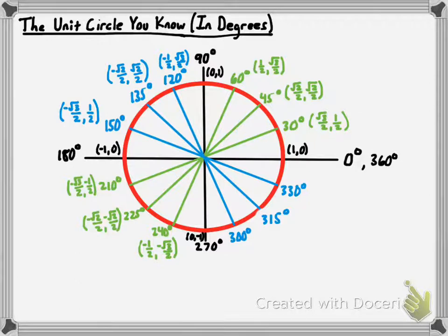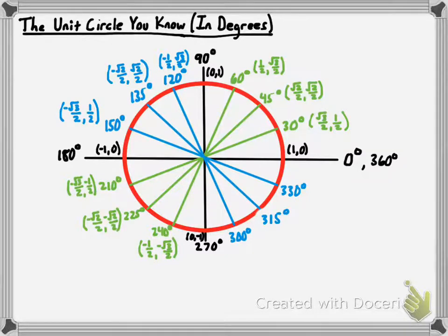Now here, for 270 degrees, the cosine of 270 is 0. And the sine of 270 is negative 1. All right, and then we can either reflect the points in the third quadrant in the y-axis to make the points in the fourth quadrant, or we could take the points in the first quadrant and reflect those in the x-axis to make the points in the fourth quadrant.